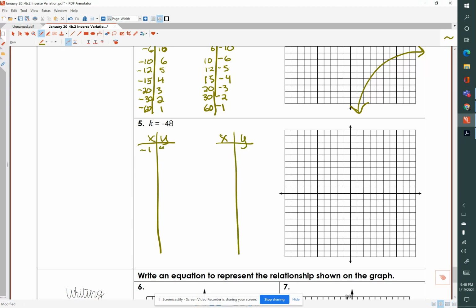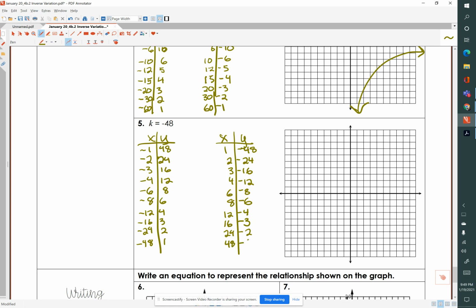So that would be negative 1 times 48, or 1 times negative 48, negative 2 times 24, or positive 2 times negative 24, negative 3 times 16, or positive 3 times negative 16, negative 4 times 12, or positive 4 times negative 12, negative 6 times 8, or 6 times negative 8, negative 8 times 6, or 8 times negative 6, negative 12 times 4, or 12 times negative 4, negative 16 times 3, or 16 times negative 3, negative 24 times 2, or positive 24 times negative 2, and negative 48 times 1, or 48 times negative 1.